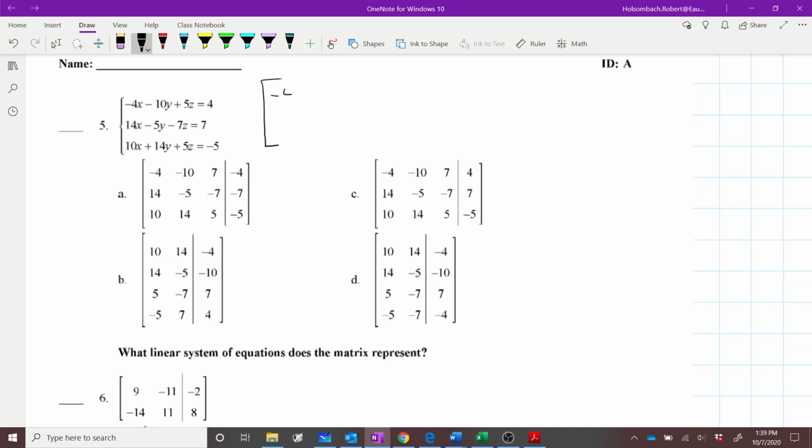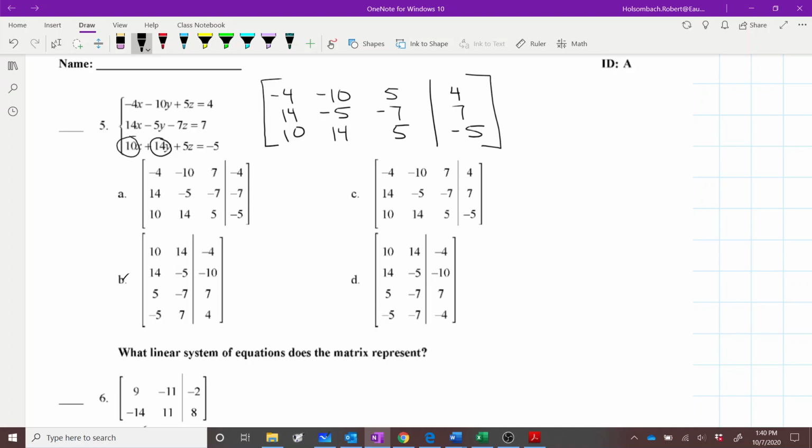In this case, we got a -4, a -10, a 5, and a 4. 14, -5, -7, 7. And then we get this 10. We get the 14, the 5, and the -5.